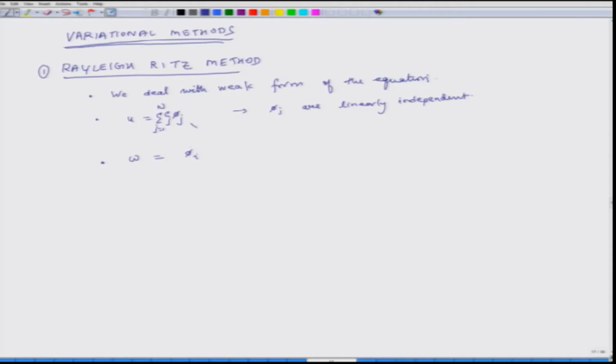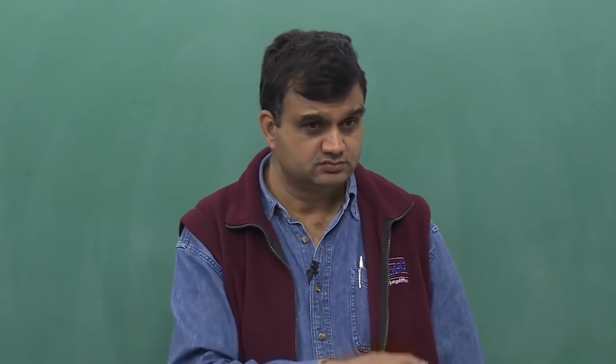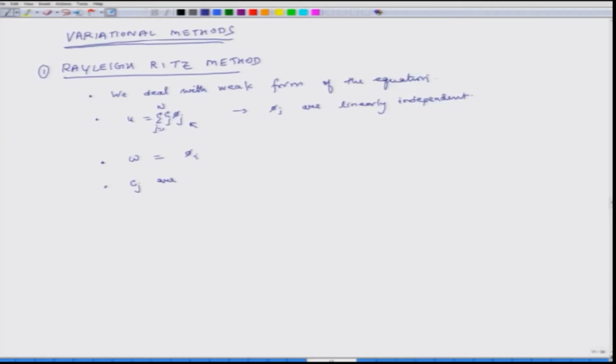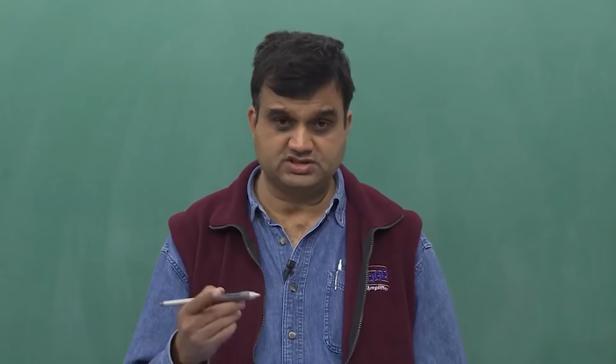So, once we have made a choice of these phi_j's, I essentially use the same functions in place of W. These c_j's are called Ritz coefficients. If there are n unknowns, I know that there are n weight functions also, because the number of weight functions associated with n unknowns is also n. So, I get n equations in n unknowns, and I can solve them.